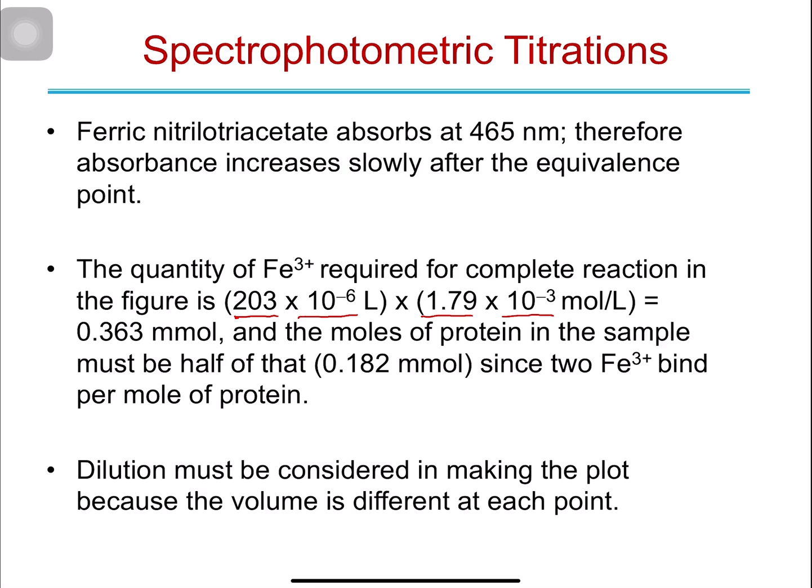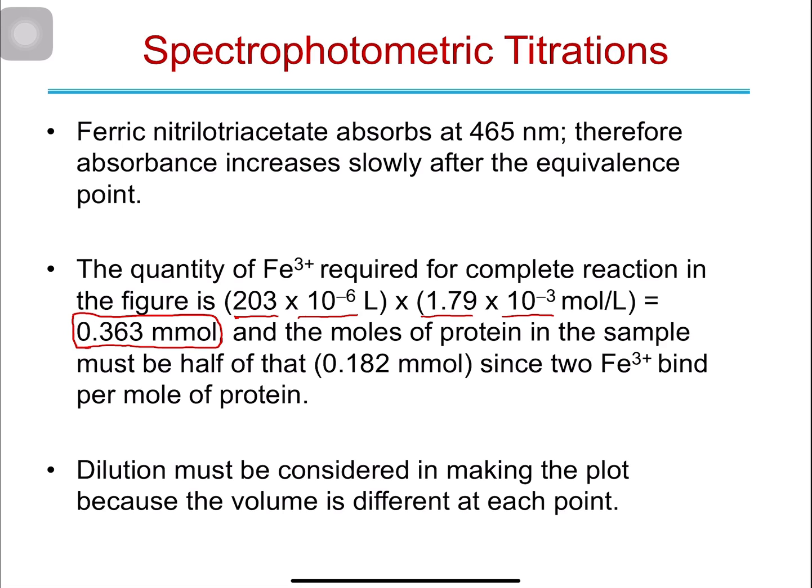So now we can find how many moles were needed from the ferric to get to the endpoint, by multiplying the quantity in liters we added times the molarity of that solution. And you will find that the number of moles is 0.363 millimole.